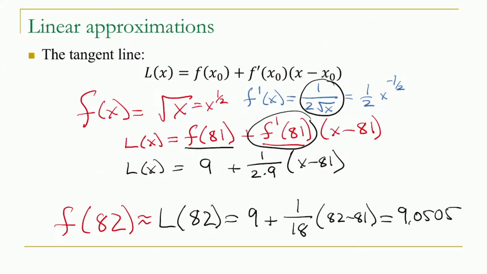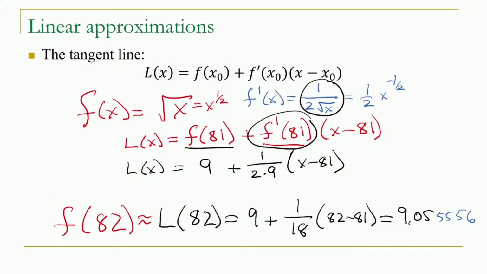Let me see, is that right? Let me try this. Oh no, I'm off. Yes, my mental arithmetic was off. That's fine. 9.05556. Just throw a 6 somewhere.